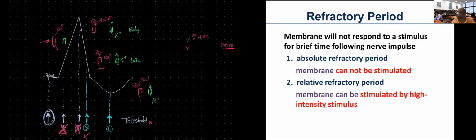So how many sodium channels would you open in this case if you are going to be depolarizing, having 5 positive charges moving inside the cell? You need to open how many? 5 sodium channels. All right, so a threshold stimulus is going to open 5 sodium channels for me to depolarize.